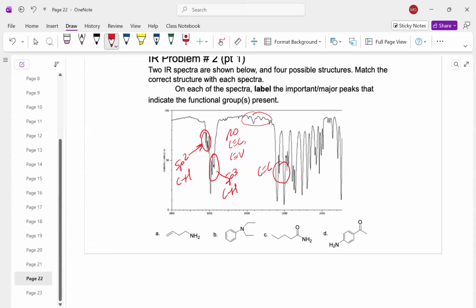So let's put together what we think are the possibilities. I think that benzene is there. It's got to have sp3 carbons and then no carbon-oxygen double bonds. So do you see any of those choices that have those functional groups present?